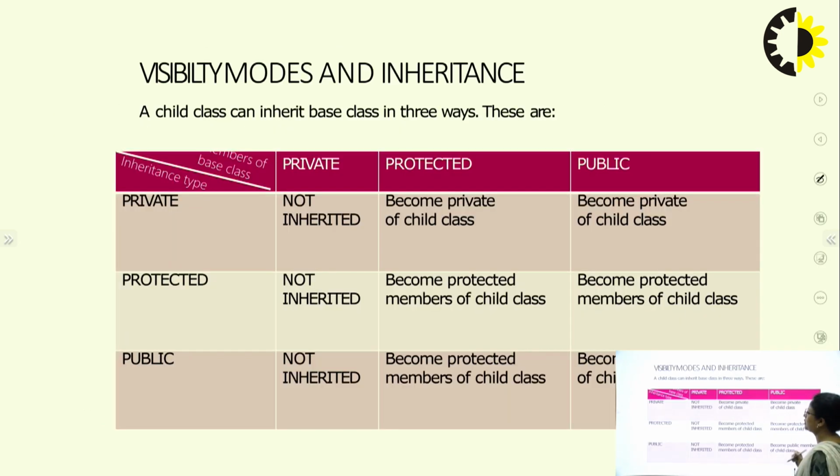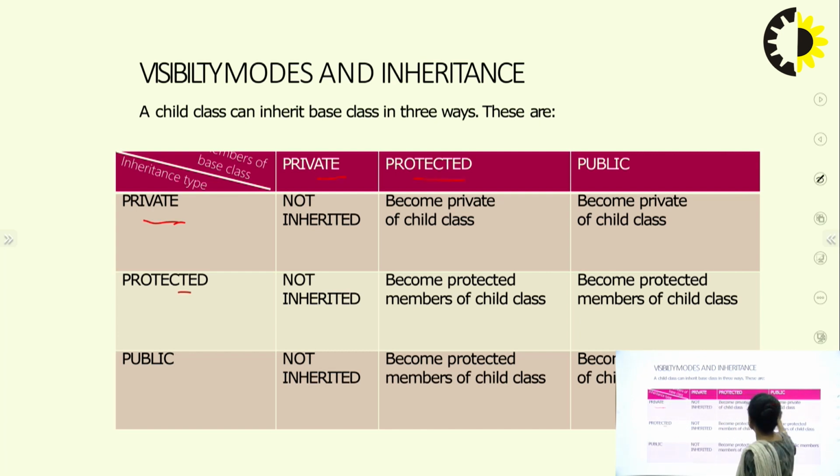Now the types, or the visibility modes, of private, protected, and public inheritance, in more detail and from a graphical point of view, so that it will be easier to grasp. What will happen if the inheritance is private, protected, or public? If the inheritance is private, the private members are never inherited by the derived class.